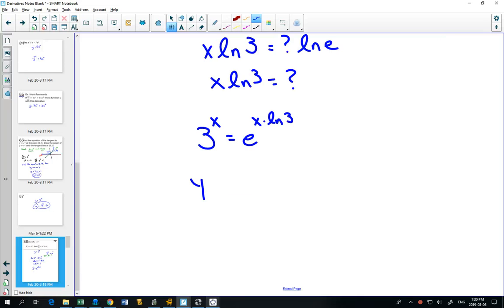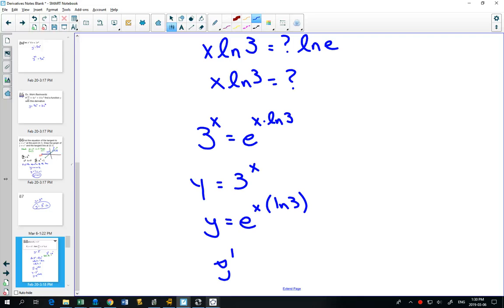Now, if I have y equals 3 to the x, and I want to find the derivative, that derivative would be the same as if I had started with e to the x times the natural log of 3. And what do we know about the derivative of e to the x? It stays the same. But do you see that we have a function inside of e to the x? So we would have a chain rule.